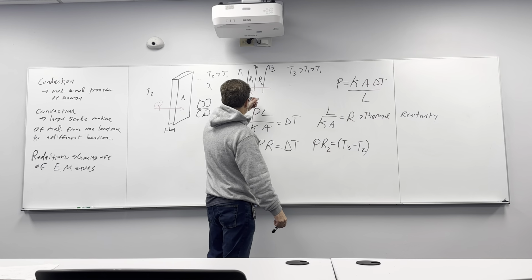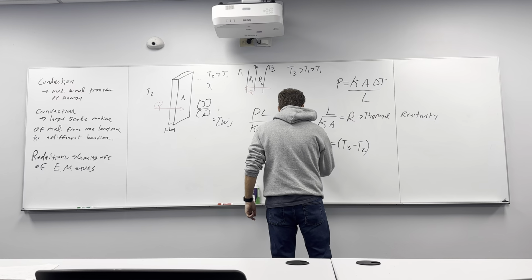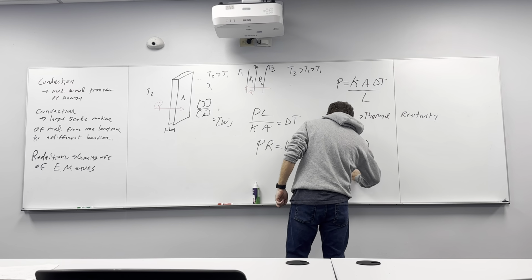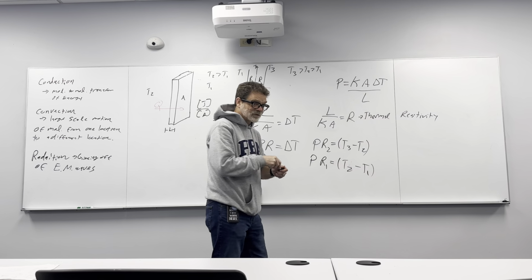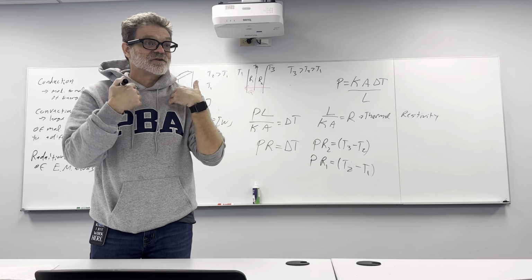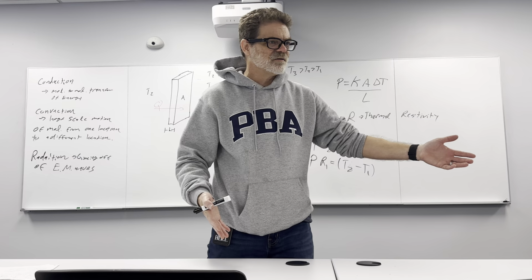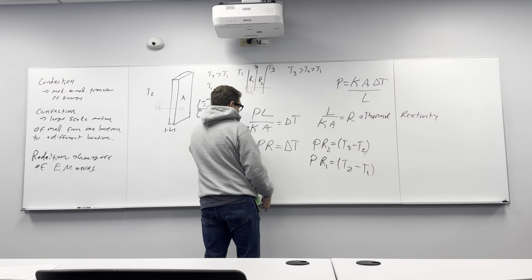Right, now I want to go from the boundary to the other side. So P R1 equals T2 minus T1. The same power flow, because whatever flows into the middle has to flow out through the other end. That's conservation of energy, right? Energy flows in, it's got to flow out. Right, so I got the same P. Well, if I add these, what do I get?